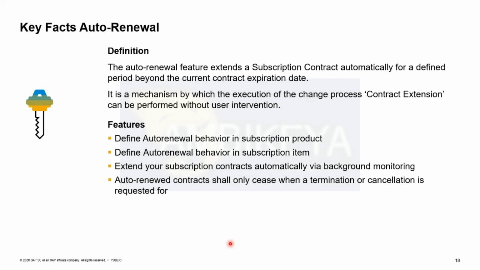In the first case, with a contract end date, the contract will go inactive and the contract is cancelled, and it is not possible to renew this contract if extension is not triggered before the expiration date.